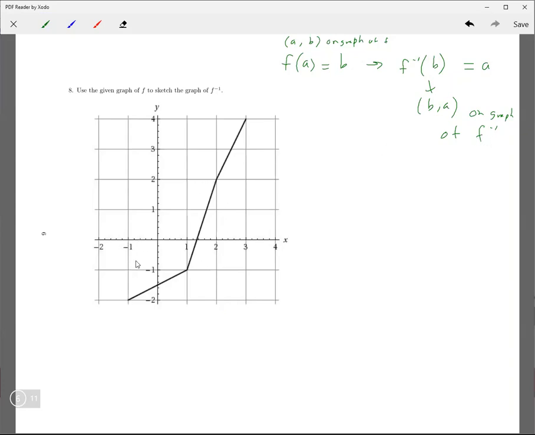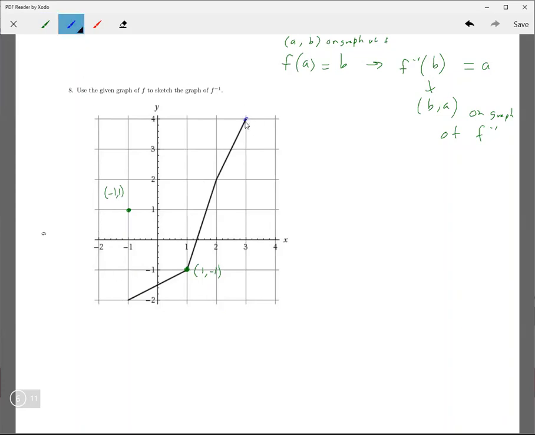Okay, so let's come over here and see what that means. Here we have the point 1, -1. That means that the point -1, 1, which is over here, is on the graph of the f inverse function.